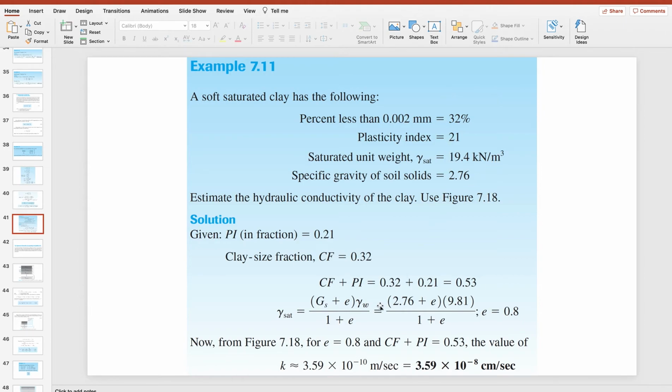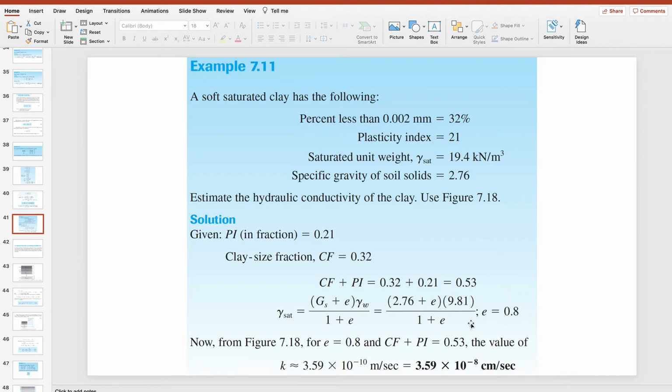Okay? So, the saturated unit weight, from there, we can determine our void ratio. For the saturated unit weight, it is the specific gravity of the soil solids times the quantity of the void ratio, times the unit weight, divided by 1 plus e. Then substitute the values. We have our saturated unit weight, 19.4, then a specific gravity of soil solids, which is 2.76, then the unit weight of water, 9.81.